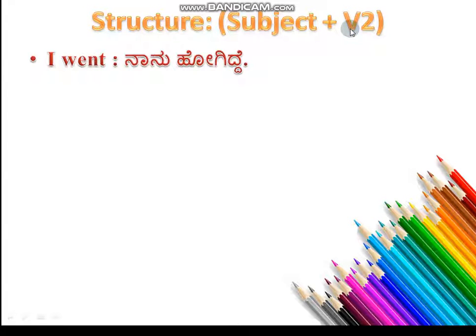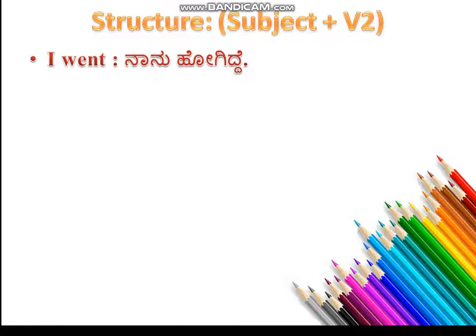So it's quite easier than simple present, isn't it? We always use V2. See, I went. We don't need to emphasize the subject, because V2 is the one verb form in the past tense that we use for all kinds of subjects.